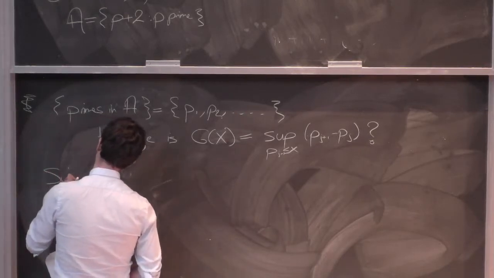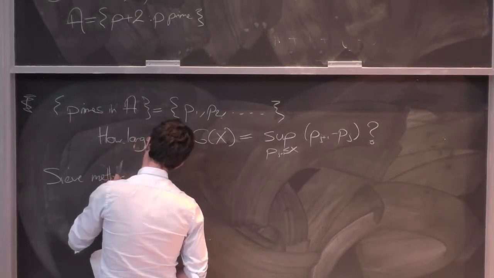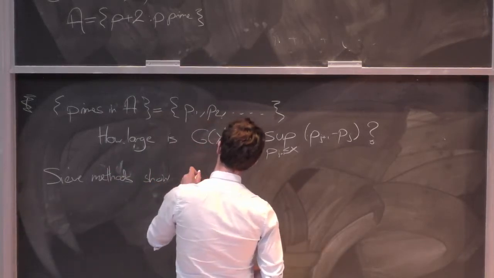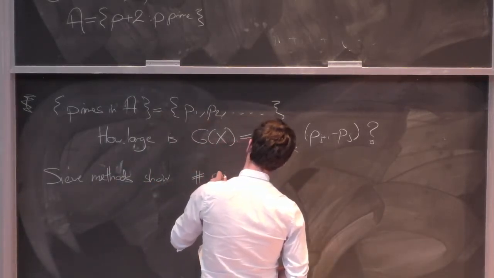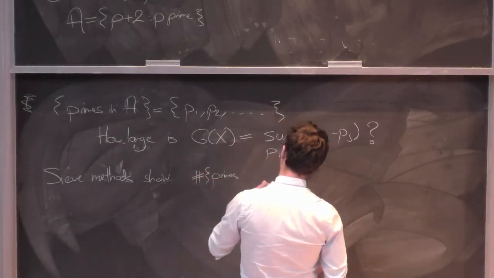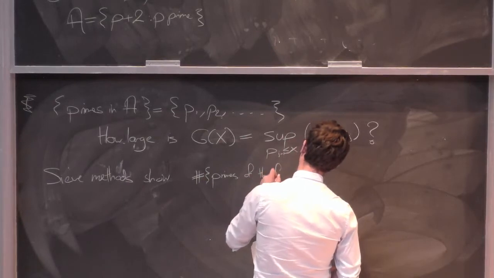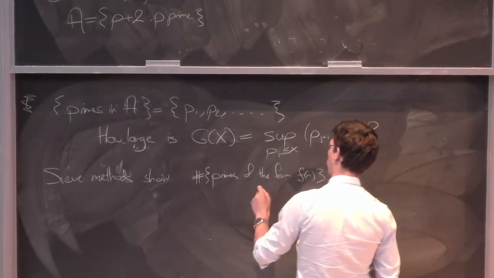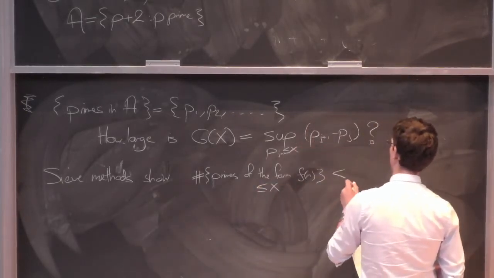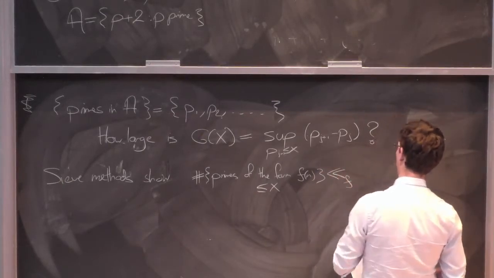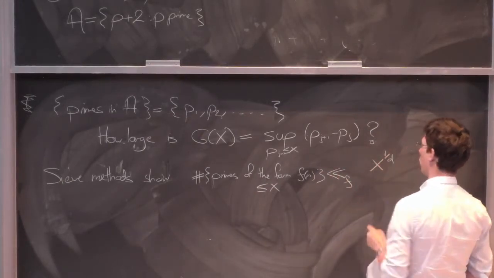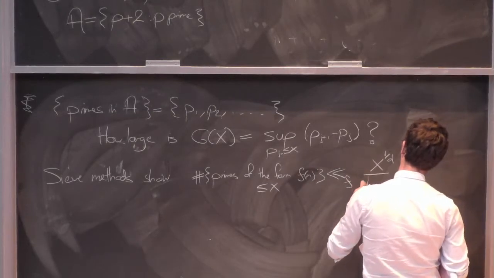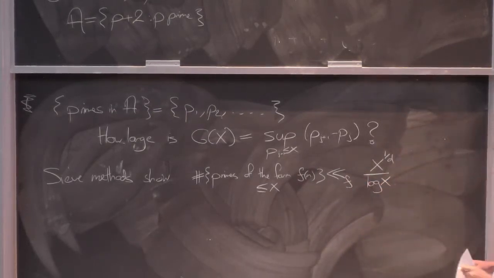So, sieve methods show, let's say that the number of primes of the form f of n which are less than or equal to x is bounded above by some constant dependent on the polynomial times x to the power 1 over d, which is the number of integer values of your polynomial which are less than or equal to x, divided by logarithm of x.